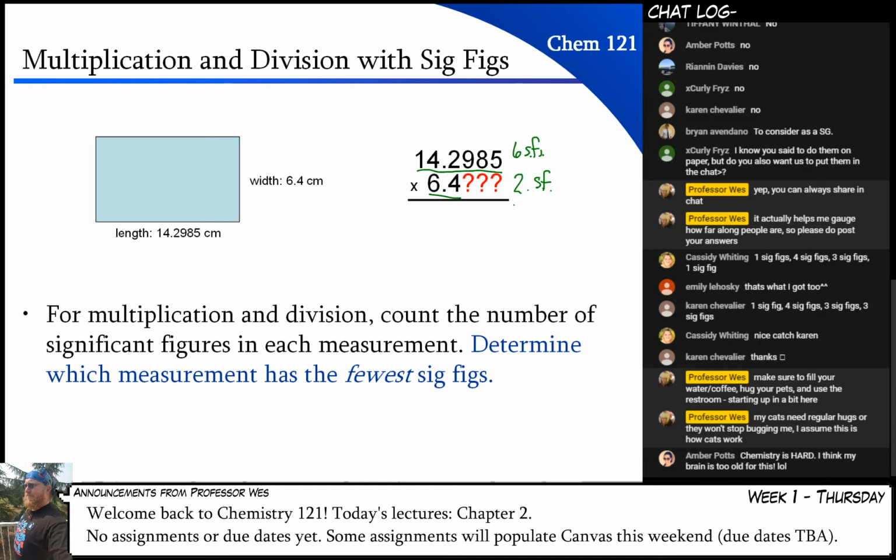Then finally, we're going to do the multiplication and write out the number that we get off of our calculator. So grab your calculator, punch in these numbers, times them together, and when you are done, you should get this on your calculator. 91.5104.